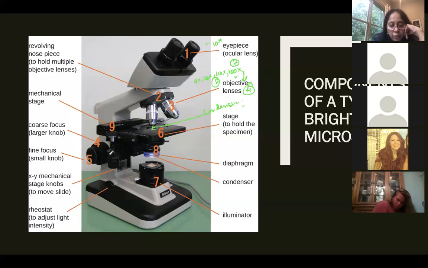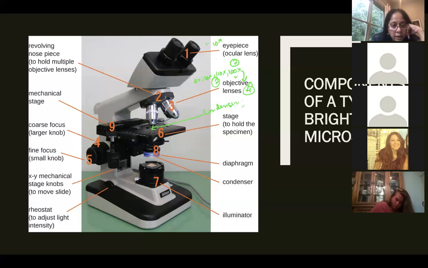When we move the coarse focus knob, we can move the stage up or down. The fine focus is only for fine focusing. So when we want to focus the microscope, we first work with the coarse knob to fix the distance between the objective lens and the specimen.